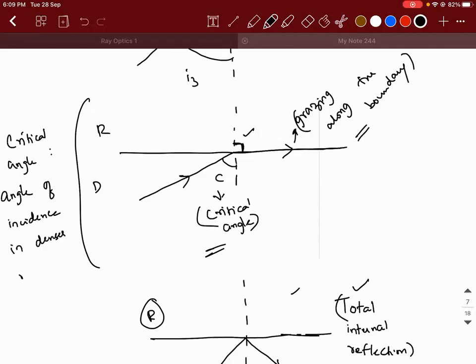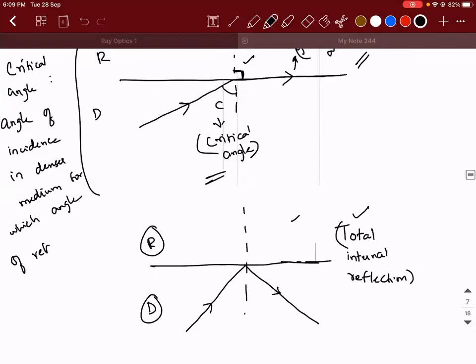In denser medium, for which the angle of refraction is how much? Is 90 degrees. Is what we call the critical angle.